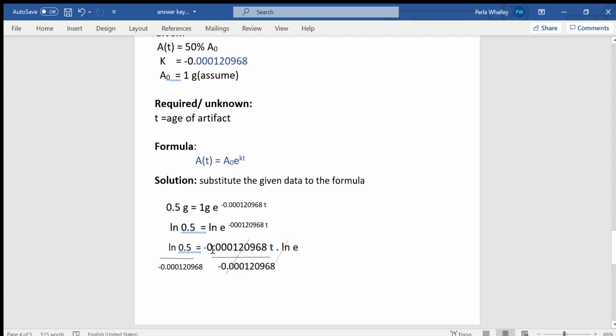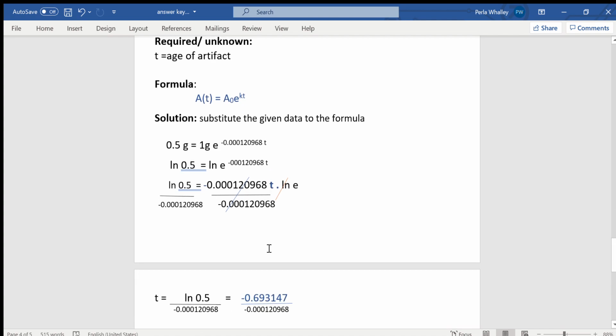We multiply it by ln e, and ln e is 1. And to easily get this t, we have to divide again by the value of the coefficient of t.